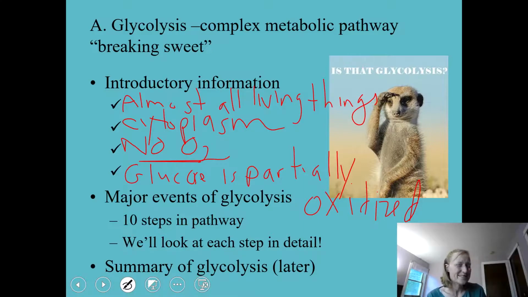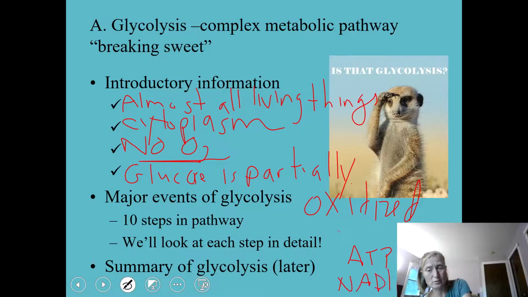Well, glucose is oxidized in glycolysis, not completely, but partially, all right? And in glycolysis, we make some products. The products that we make are ATP. We make something called NADH, so we'll have to sort out what that is. And we end up with, not glucose anymore, but something called pyruvate. I have to sort that out too.